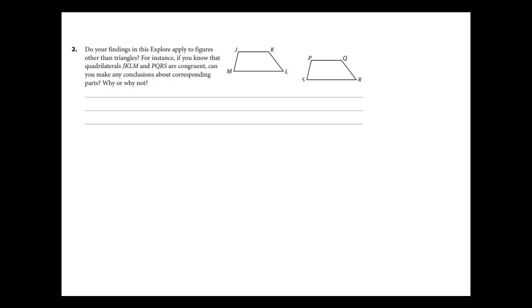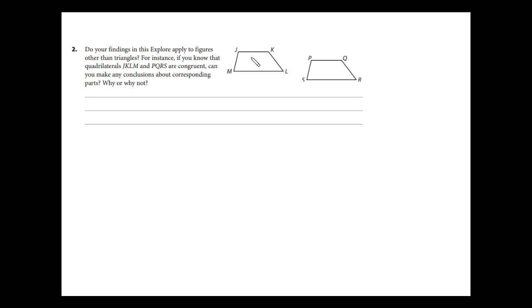Now, it doesn't matter whether the shape we're dealing with is a triangle or some form of a quadrilateral. If shapes are congruent, that means all the parts are the same and all the angles are the same.